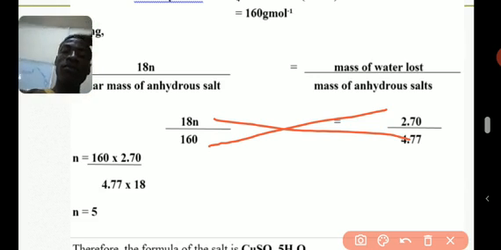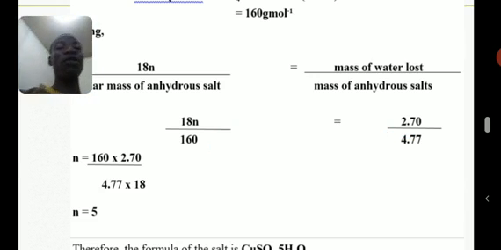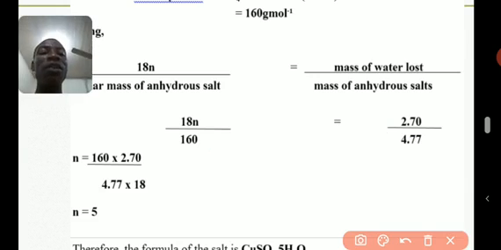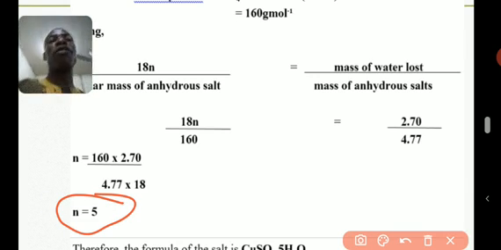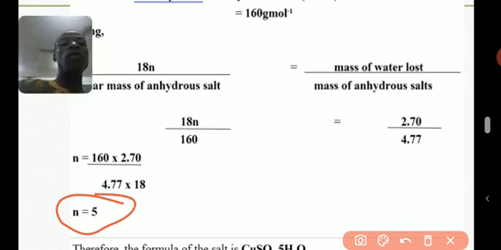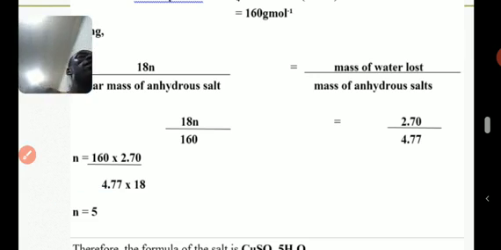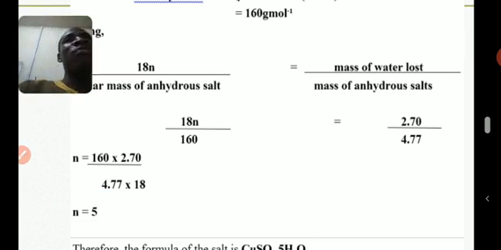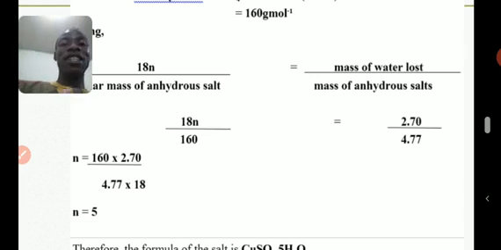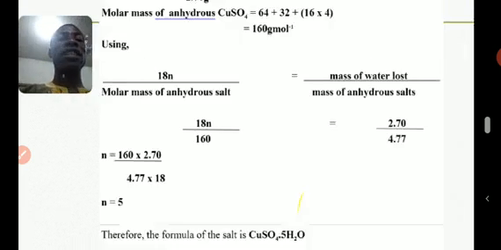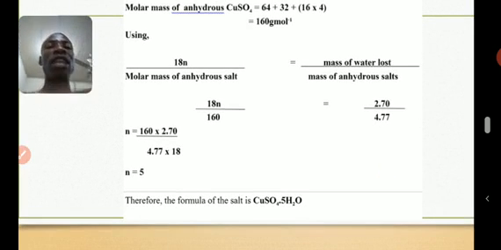Then you calculate for N. So the N is now what? N is now 5. So that's how you do it. So it means that there are 5 water molecules in copper sulfate. So is it monohydrate, decahydrate, pentahydrate, or what? It is pentahydrate.